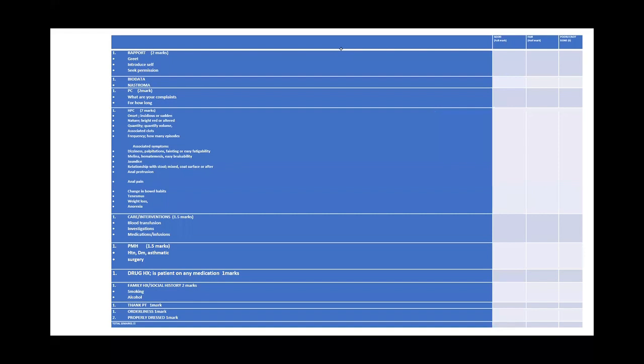May I proceed? Okay, you get your full mark. The next is the biodata. Okay, you ask all the components of your biodata. Then the rapport and the biodata each may carry 1 mark. Okay, rapport 1 mark, biodata 1 mark.